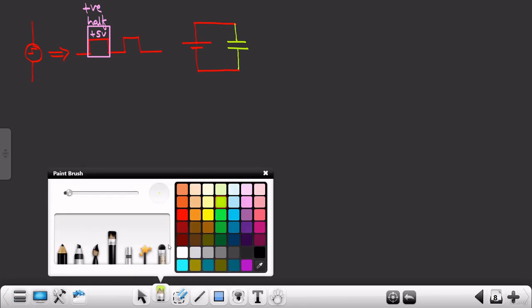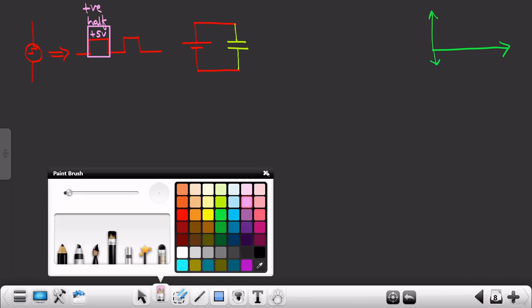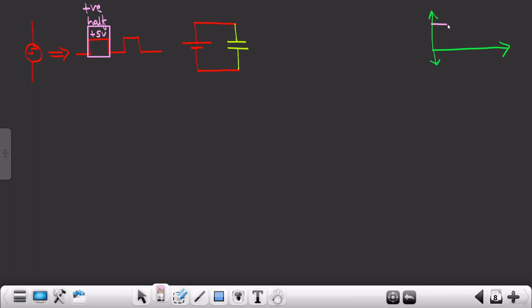And now I am drawing that particular waveform once again. So this is your waveform, something like this, right? Now it is moving from plus 5 to 0 volts, so it can be represented in this way, plus 5 to 0, right? And now I am dividing this waveform from the middle, so it would be something like this. Great.